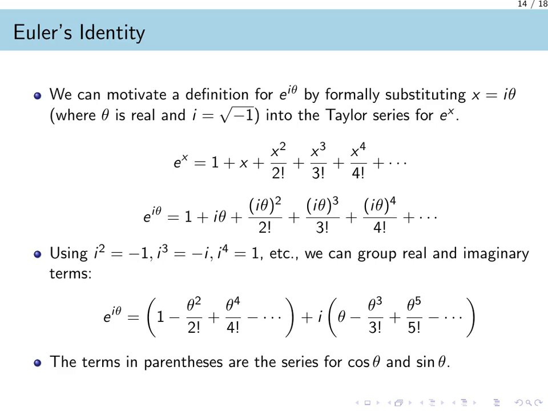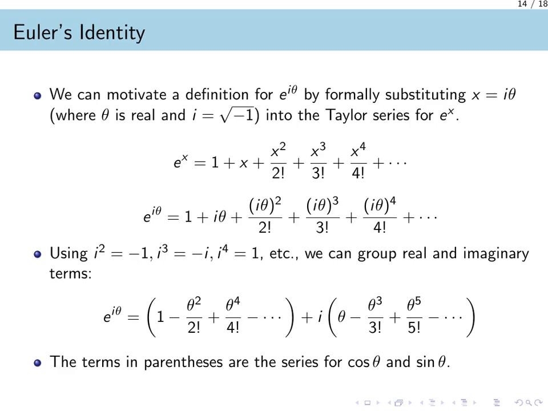We can gain a remarkable insight by exploring what happens when we substitute a purely imaginary number into the Taylor series for the exponential function. This step provides a powerful motivation for connecting exponential functions to trigonometry. Let us begin with the familiar series for e to the power of x.